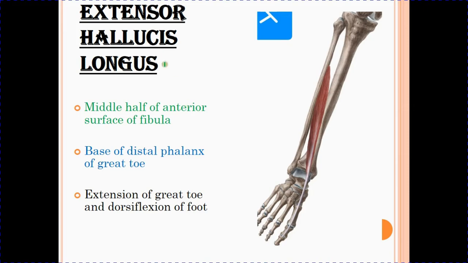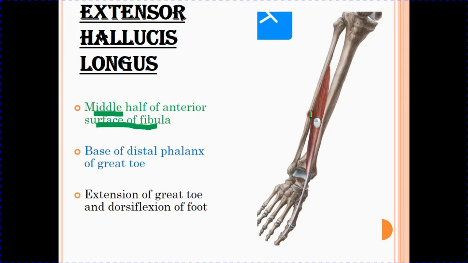The third muscle is extensor hallucis longus. The word hallucis is used for the big toe, the great toe. It is arising from the middle half of the anterior surface of the fibula. Now you can look clearly into the figure.